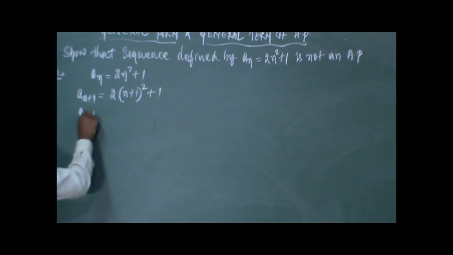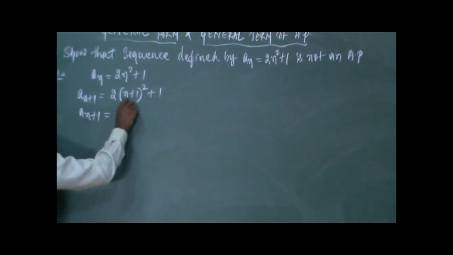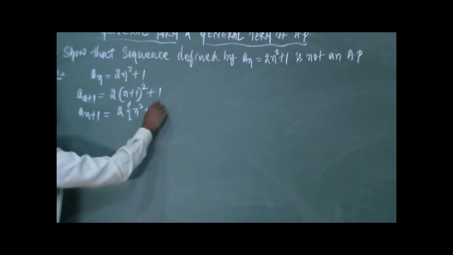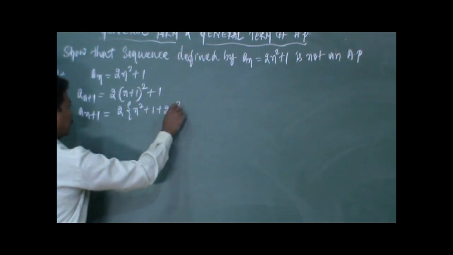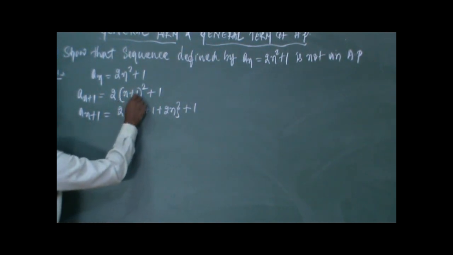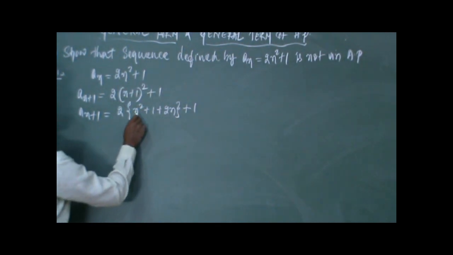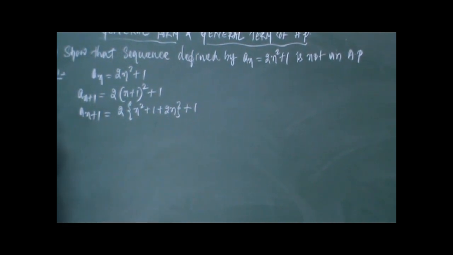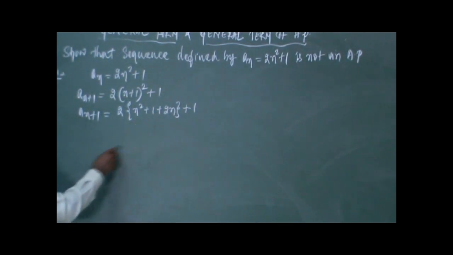So an plus 1 is equal to 2 into n plus 1 whole square, plus 1. This is the a plus b whole square formula: a square plus b square plus 2ab, and 2 into n into 1 is 2n.